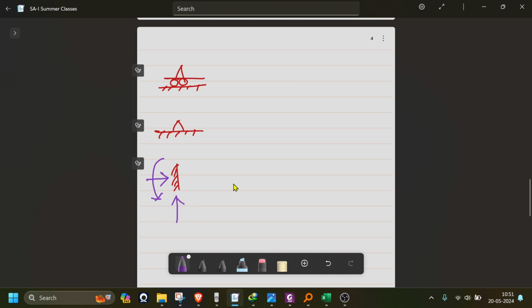Right? So remember, for a fixed support, the number of unknown forces will be 3. Let's talk about the hinge support.